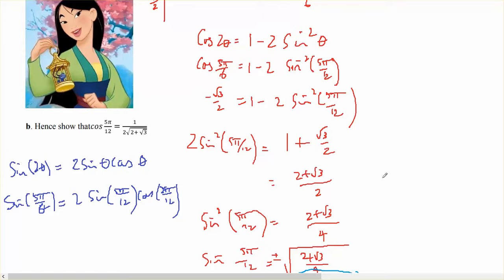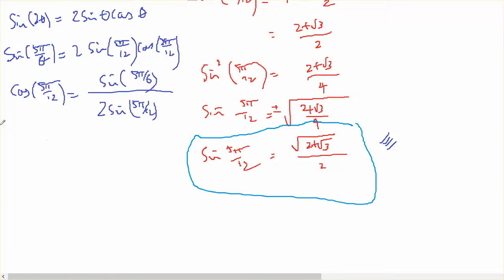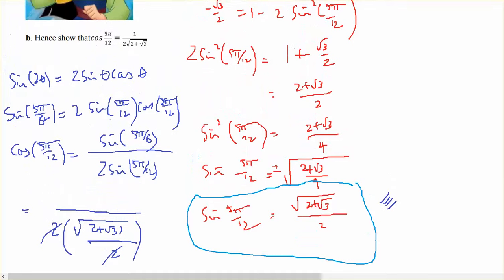Which means what I'm looking for, the cos of 5 pi on 12, will equal the sine of 5 pi on 6 divided by 2 times the sine of 5 pi on 12, just using algebra, and that will give me the sine of 5 pi on 6 over 2 times the square root of 2 plus root 3 all on 2, and those 2's will cancel, and I know what sine of 5 pi on 6 is.